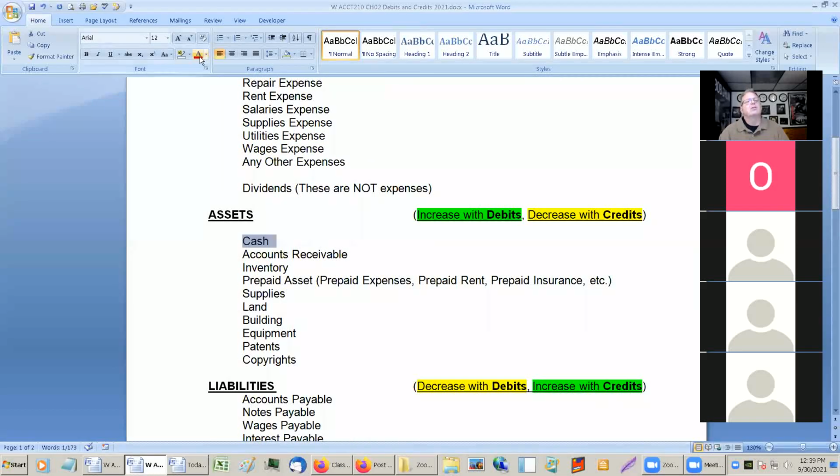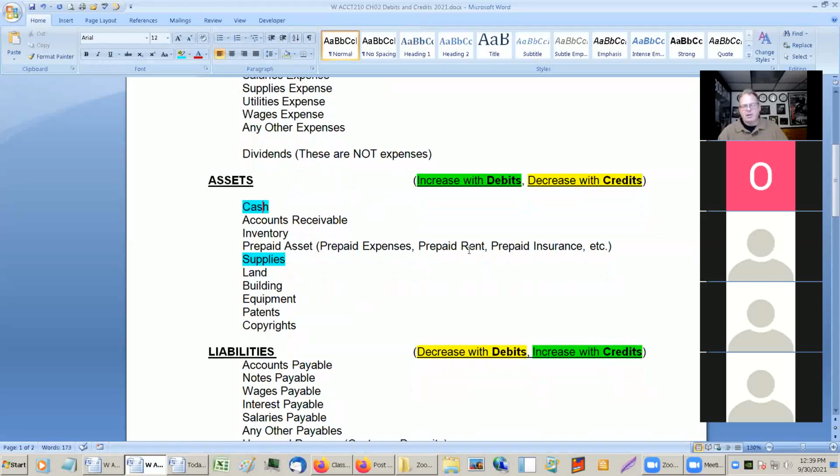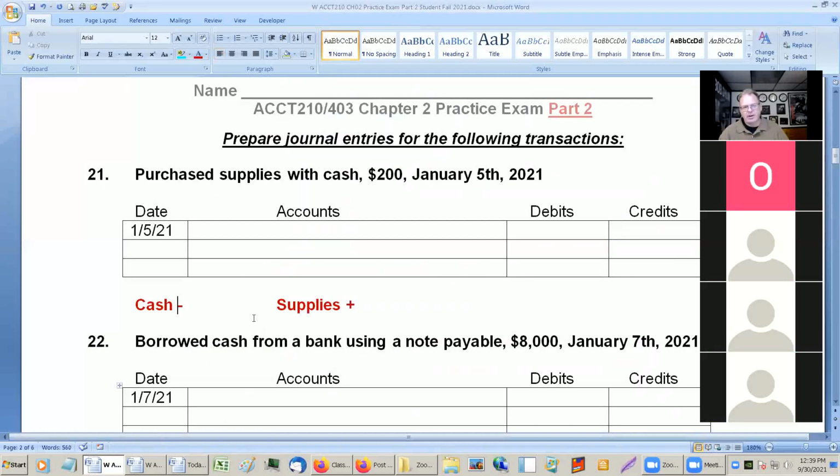We have cash and supplies. Cash is decreasing. Will it be a debit or credit? Credit. Supplies, yeah, right. It has to be. So cash is an asset going down. Supplies.